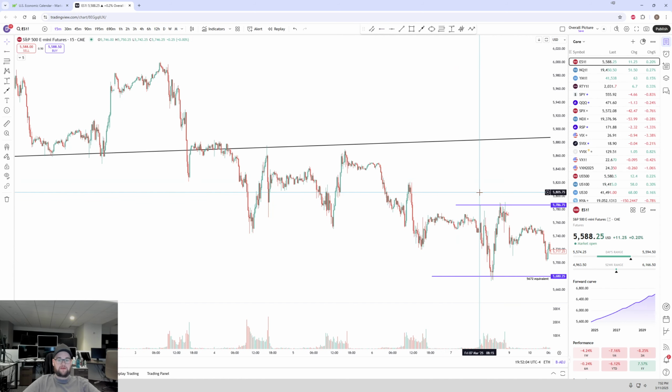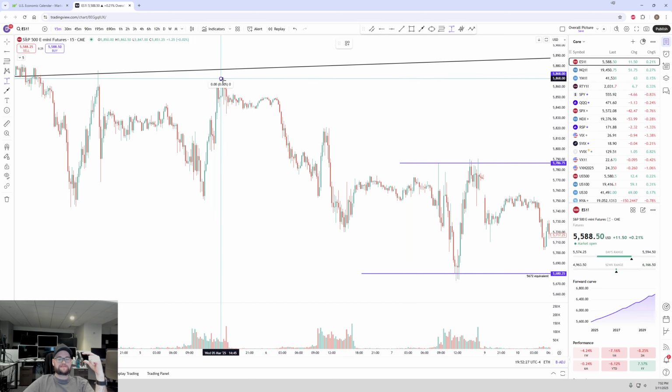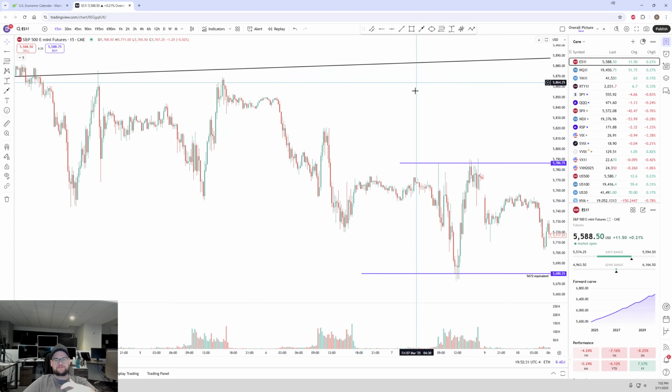If you shorted this area, which was the high of day from the pre-market session, you could have easily shorted that rejection at that previous high, and you could have had a very, very tight defined stop loss, as opposed to shorting a breakdown after an extended 180 point move to the downside into a key support. The risk reward is not good.